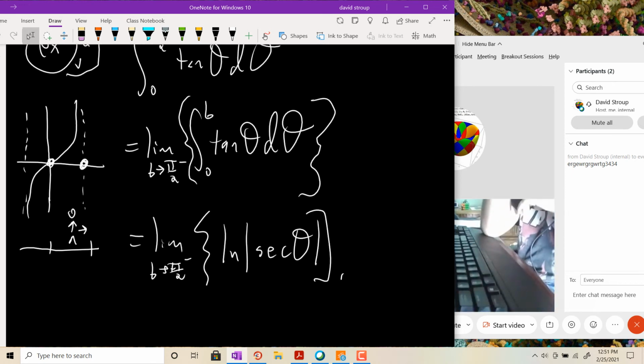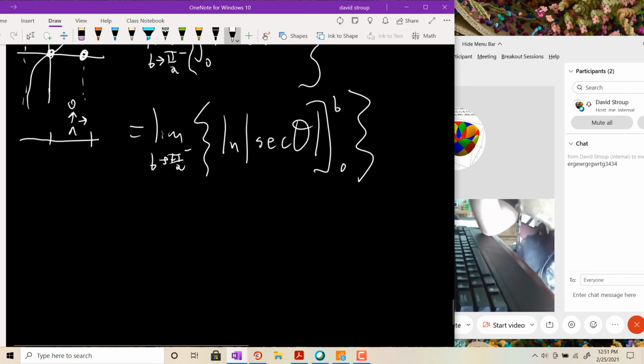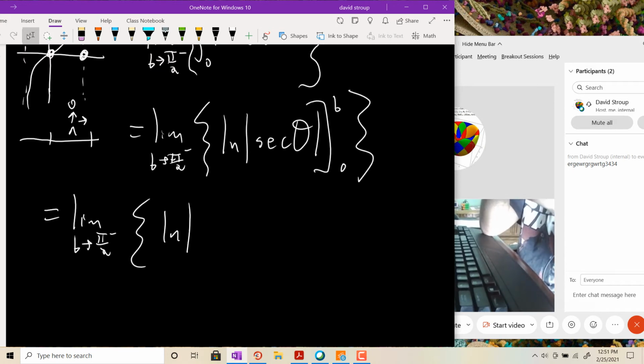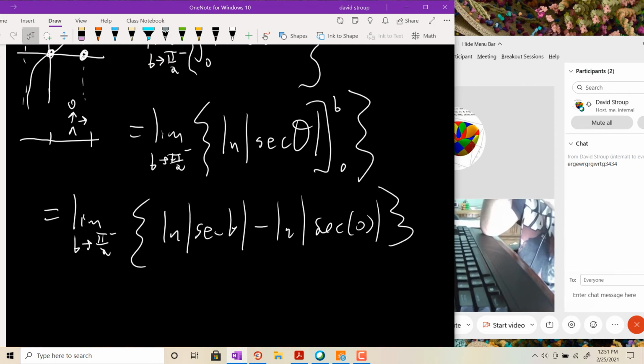Then we substitute in our limits and our antiderivative, so we end up with the limit as b goes to pi over 2 from the left of ln of the absolute value of secant of b minus ln of the absolute value of secant of 0.